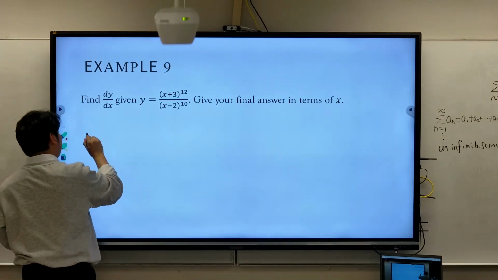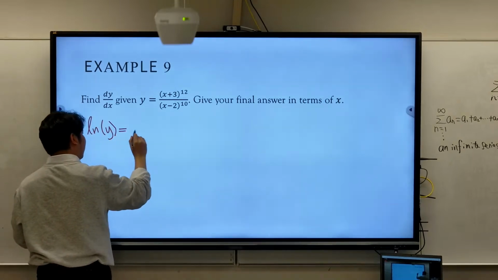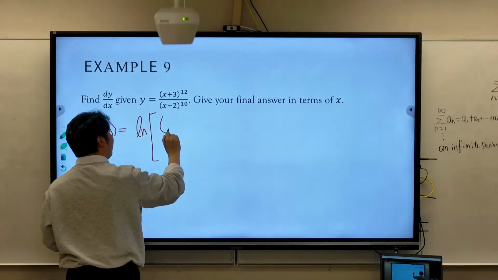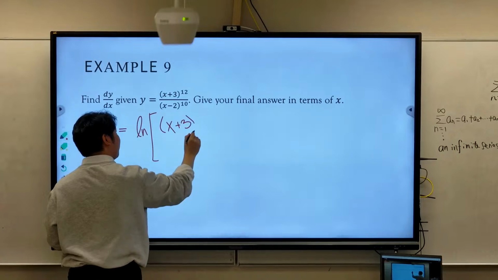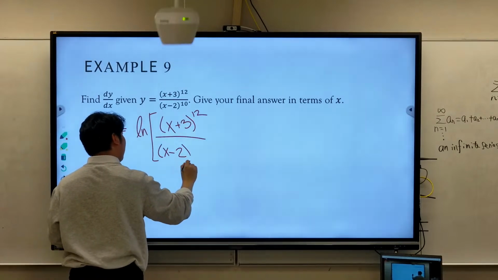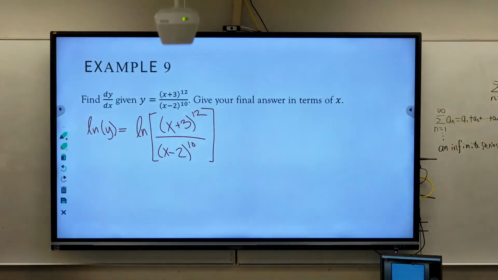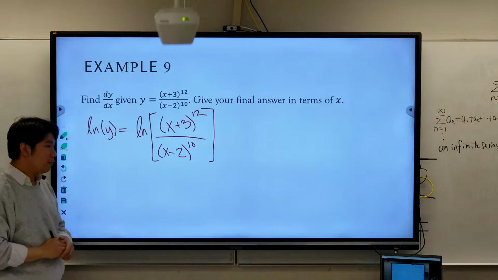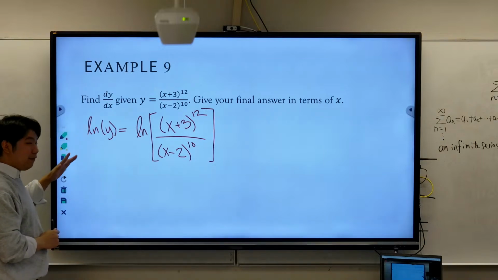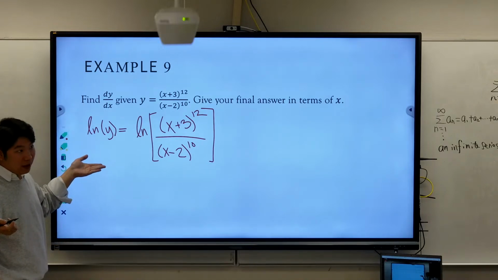So I'm going to do the natural log of y is equal to the natural log of this big one on the right. So right now, why did I make this look a lot worse than where I started? But this is going to clean up really nicely for us. So on the left, there's nothing I can do. Natural log of a single term, I'm going to keep that the same.